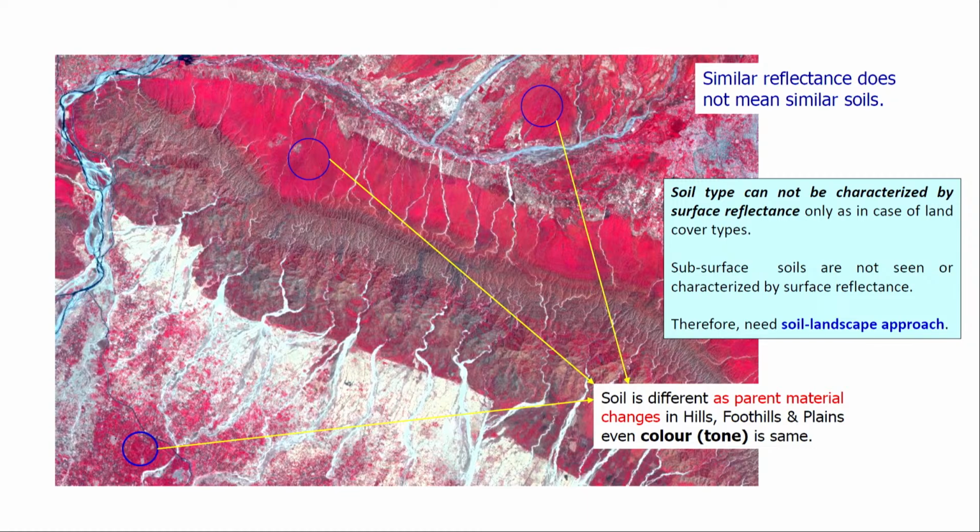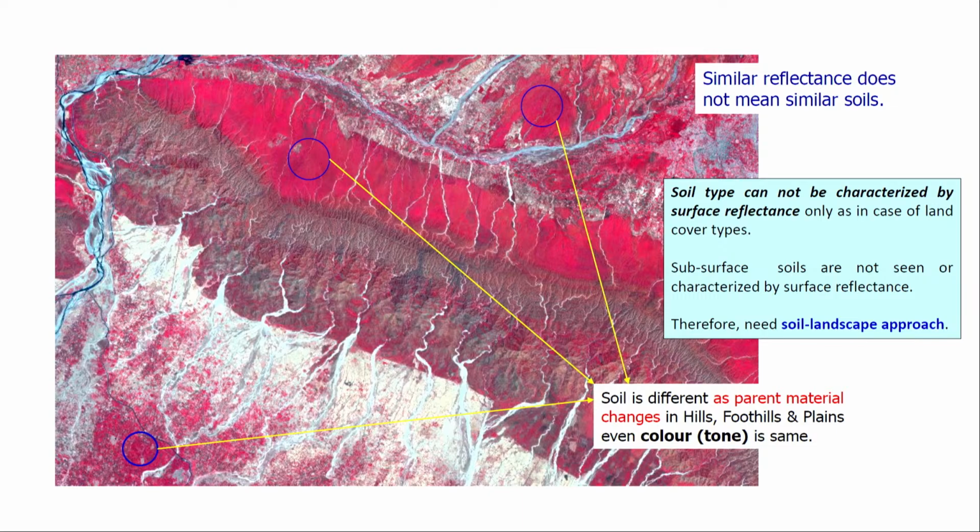I am showing three places with similar reflectance, but the soils at all three places are not the same, because this is the hill, this is the plain land, and this is the foothill. All three places are under vegetation, but the parent material is changing, therefore even with the same vegetation, soils will be different.